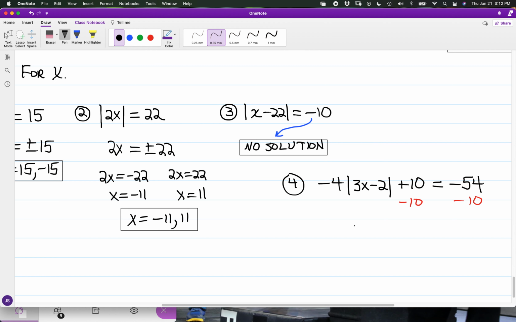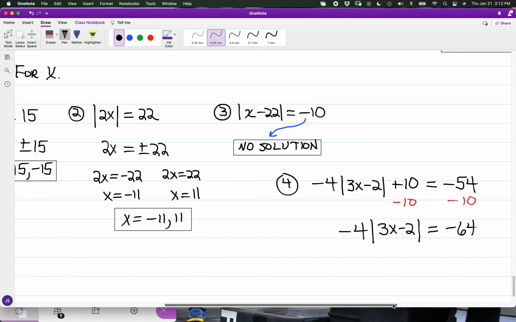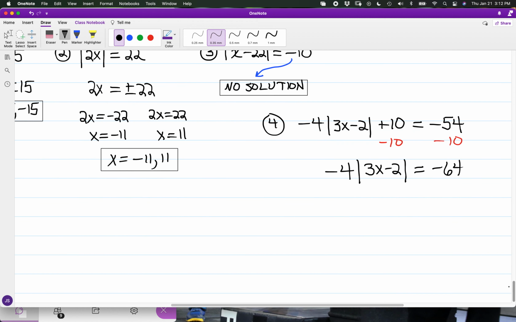So in the rewrite, we have negative 4 times the absolute value of 3x minus 2 is equal to negative 54 minus 10, so this will be a negative 64. And again, taking care of the coefficient negative 4 will be done not by distribution, but by division.